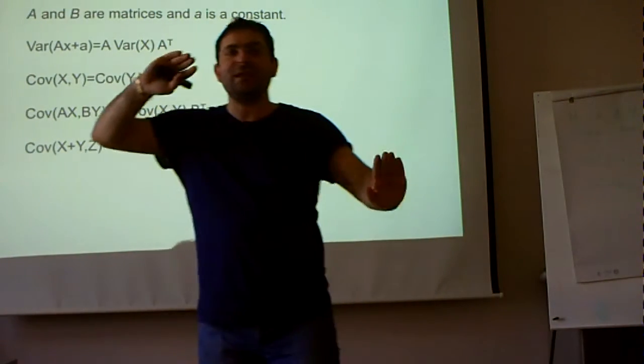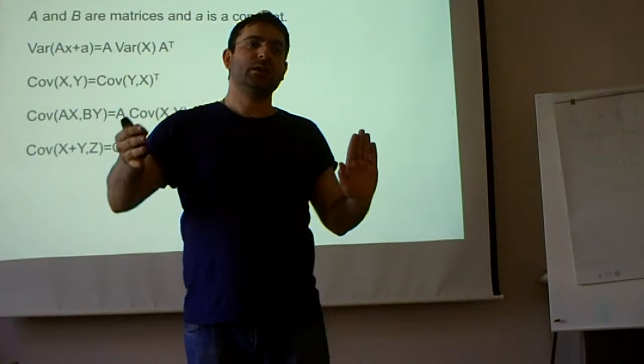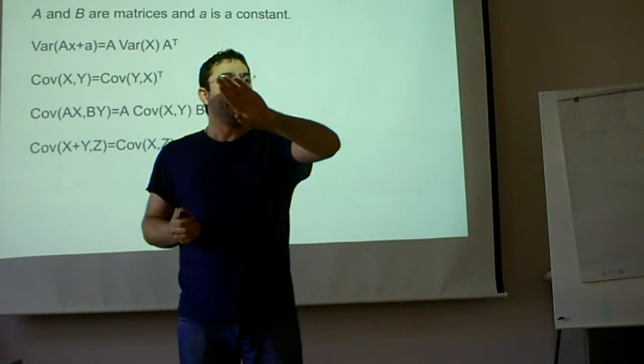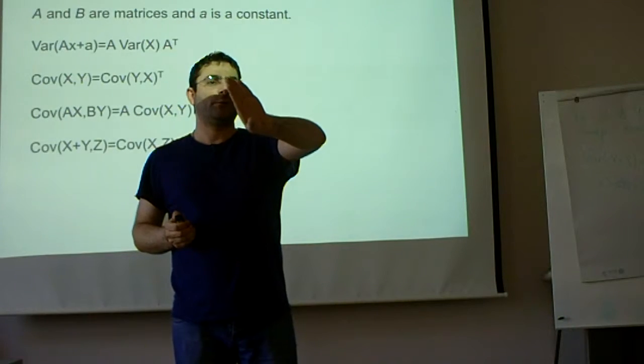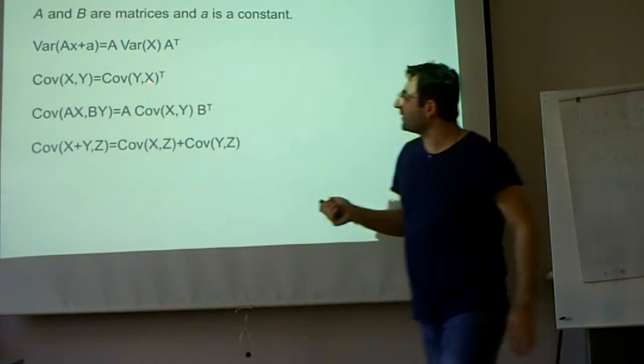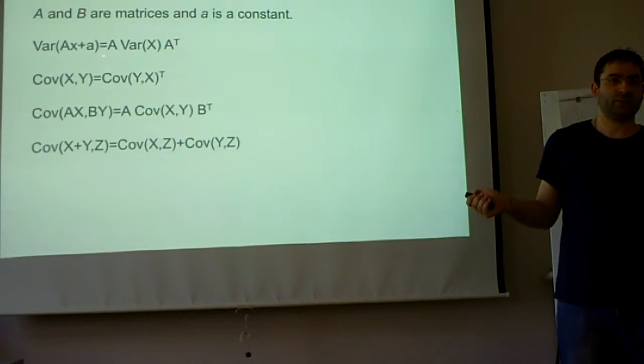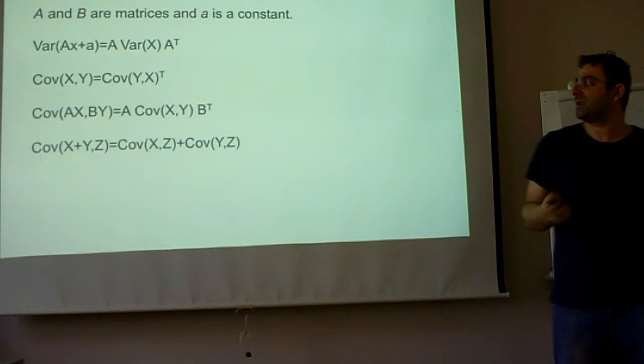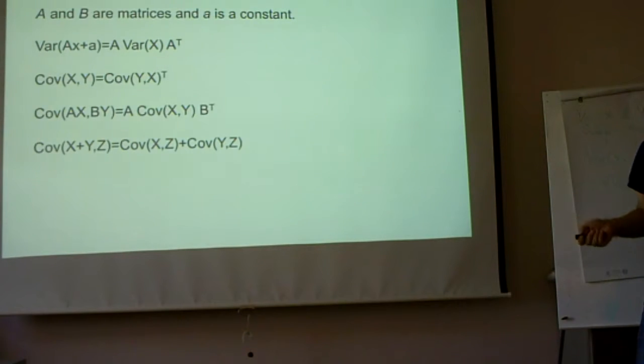Covariance of x and y: we know that covariance is a matrix. So if we calculate it for y and x, it will be the transpose of the previous one. Changing the place will simply make it a transpose.